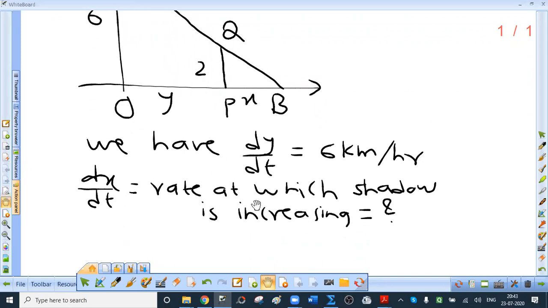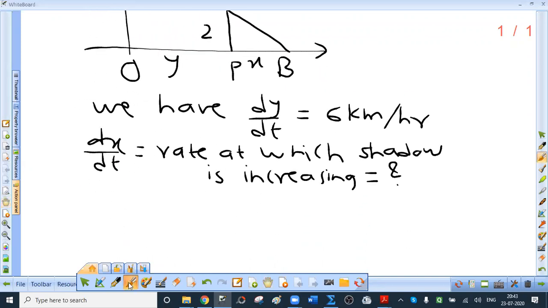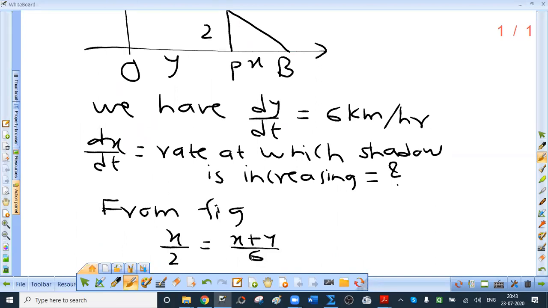Write down. It is sufficient to write from the figure. You need not say by similarity and all that. From the figure, x upon 2 is nothing but x plus y upon 6.